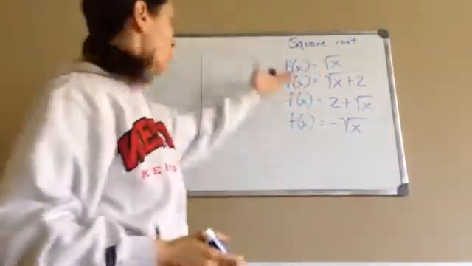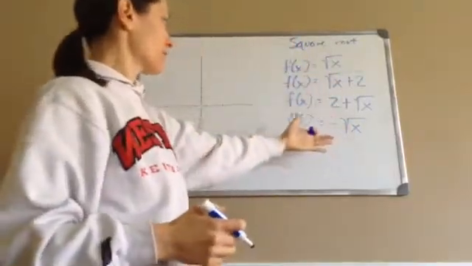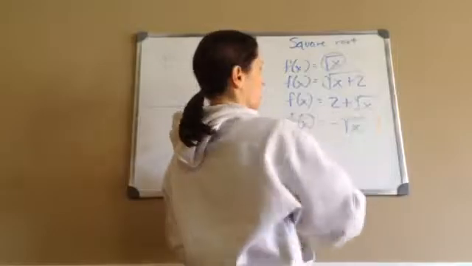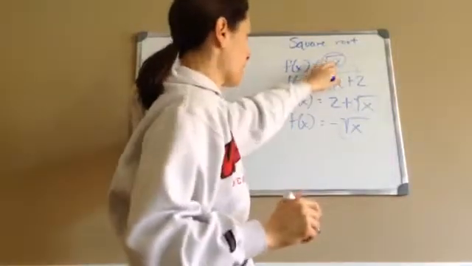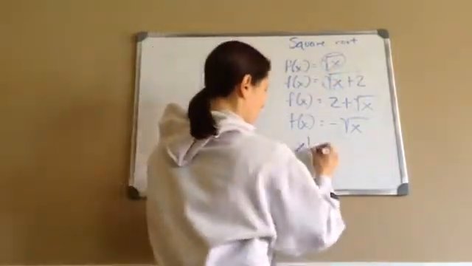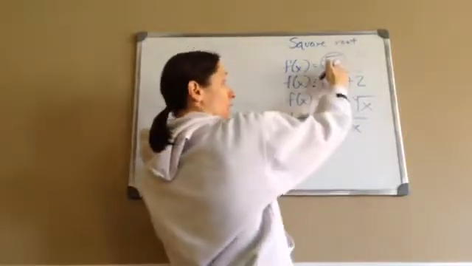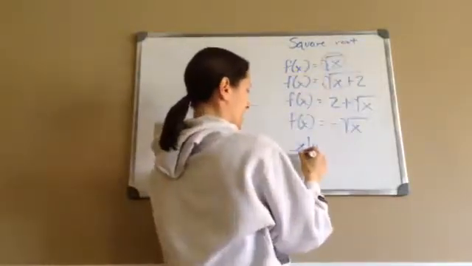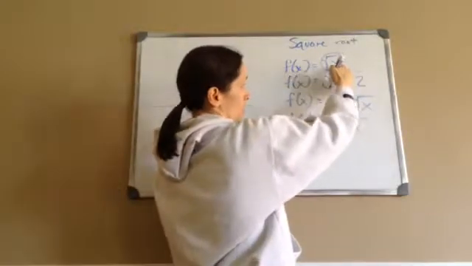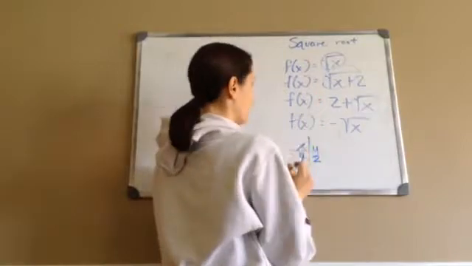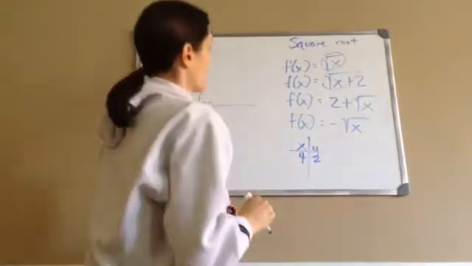Okay? So what do you notice all of these have? They've all got a square root. Now, let's go and graph that. Remember, f of x means y, so y equals that. So, let's think of a number. X is 4, and so then y would be what? 2. Let's try another one.